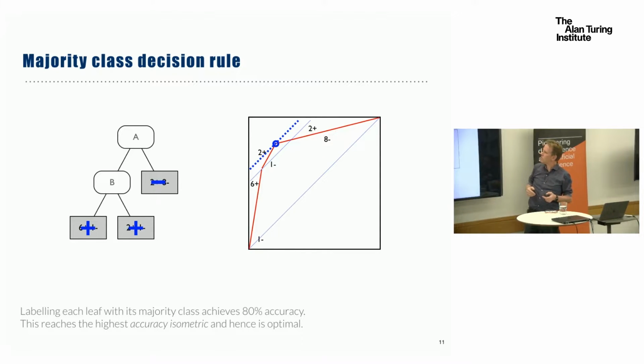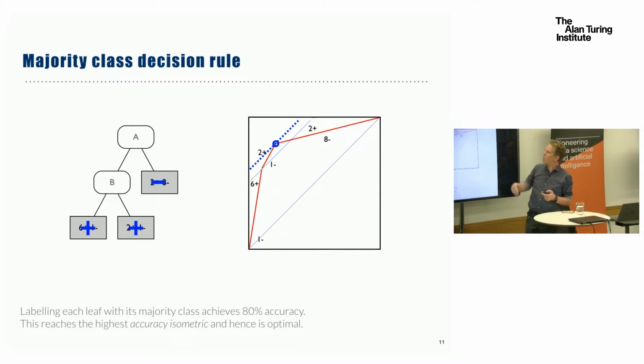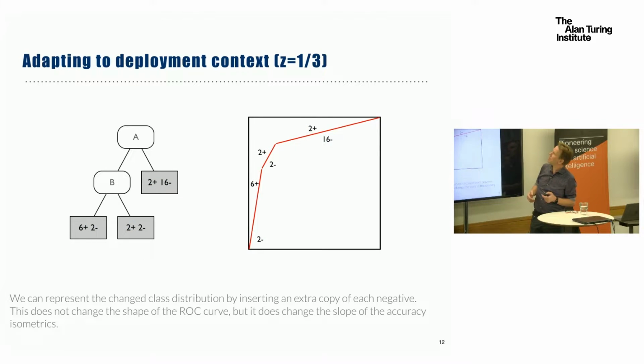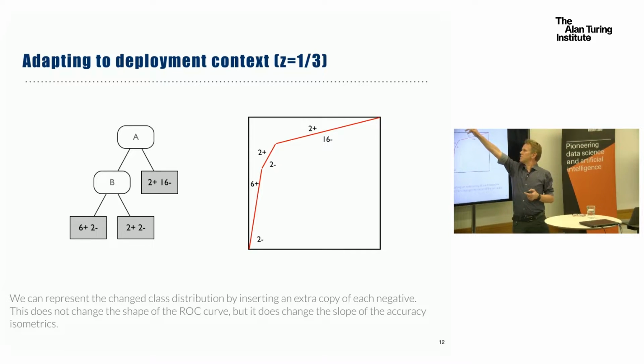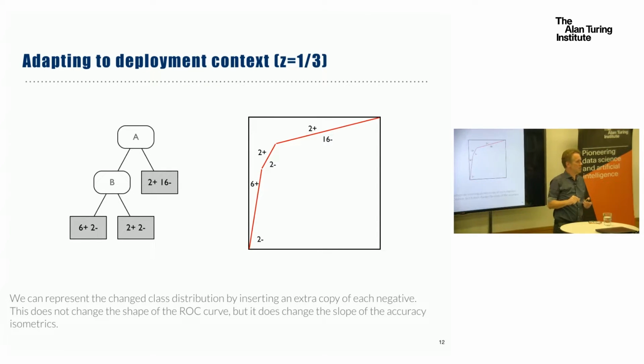So how does this change if I change the class distribution? Well, a simple way to do that is just to manipulate the class distribution. So suppose in this case, I call this Z, which is the deployment class distribution. So now I'm assuming that only 1 out of 3 instances is positive, not 1 out of 2. So what I've done here is double all the counts for the negatives. Okay?